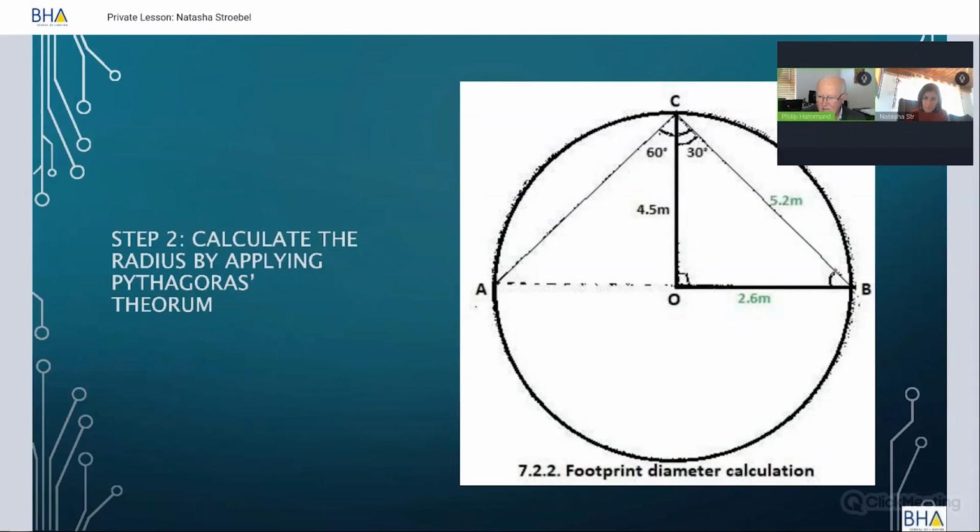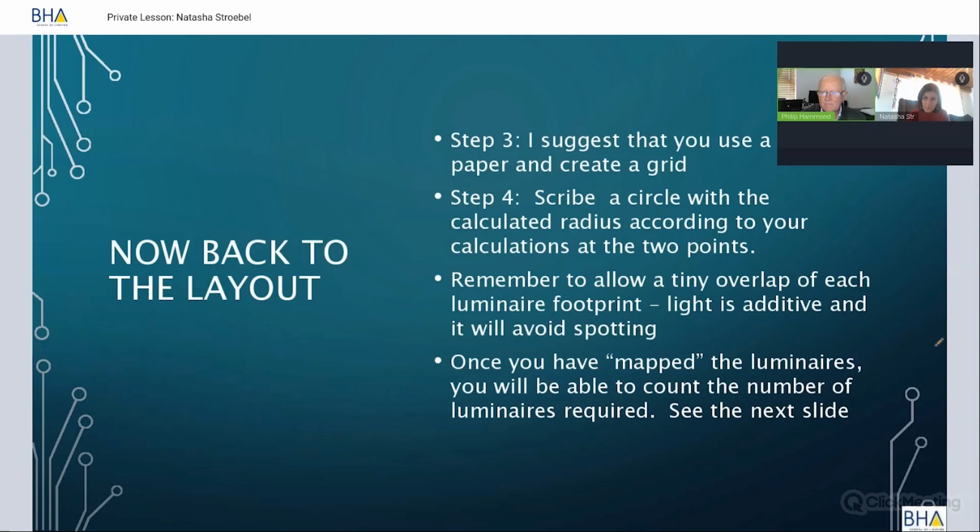So what's the next exercise? As I've said to you, I suggest you use a piece of paper and create a grid, or get graph paper, then the grid's created for you. Scribe a circle until you've got it, and you will find there it is.